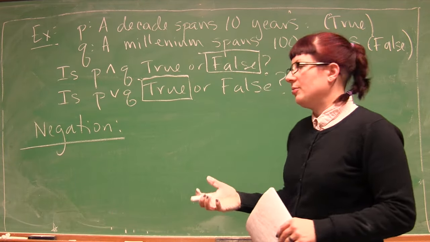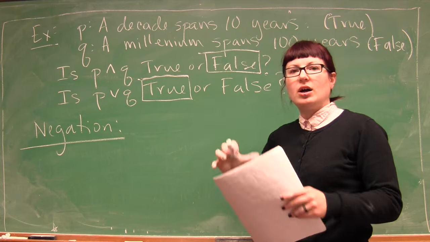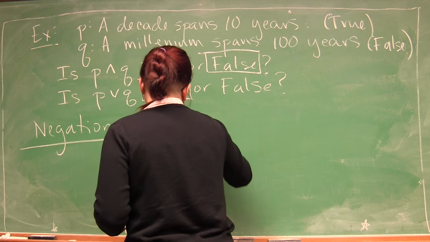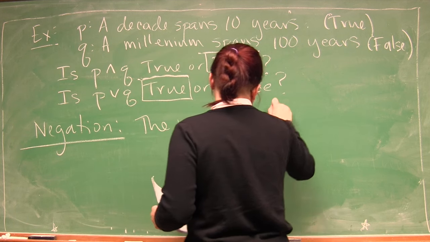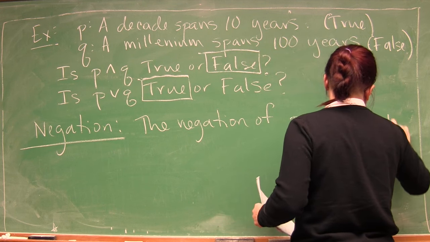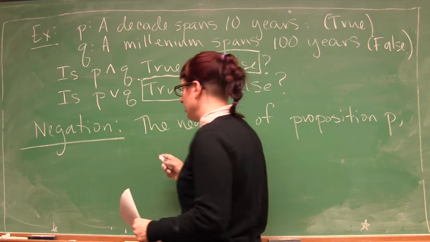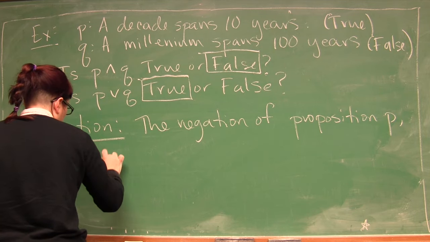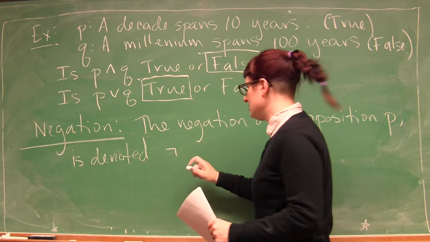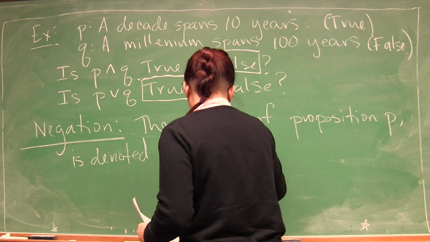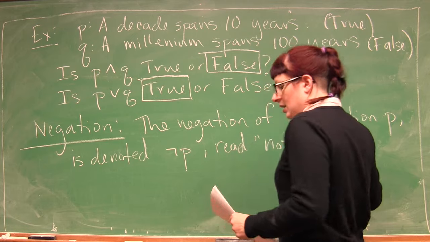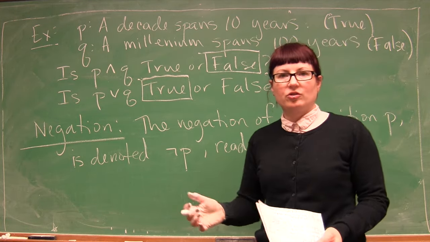So the negation of a proposition P, we call it not P. We denote it by a special symbol that we read as not. The symbol looks like this. And its truth value is just the opposite of the truth value of P.